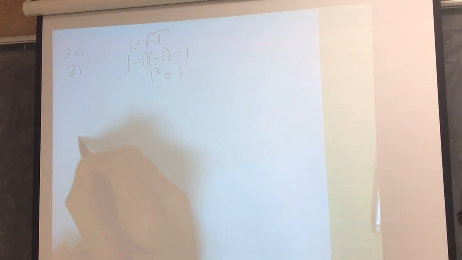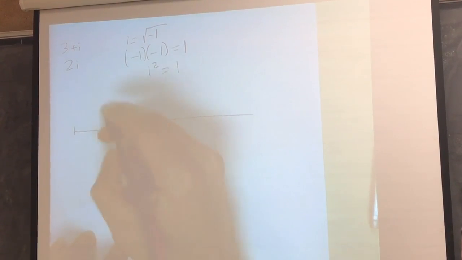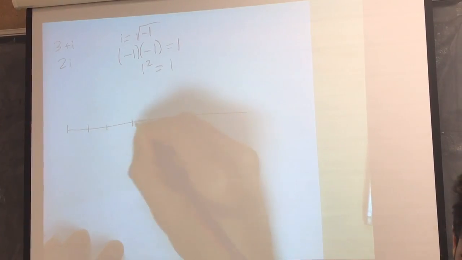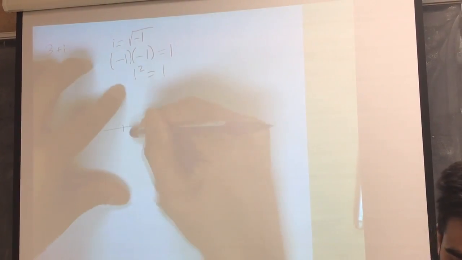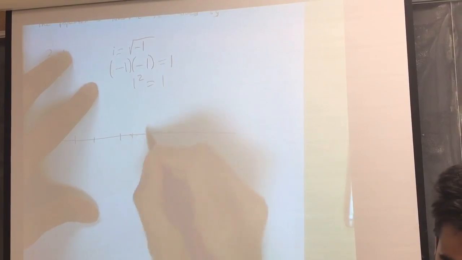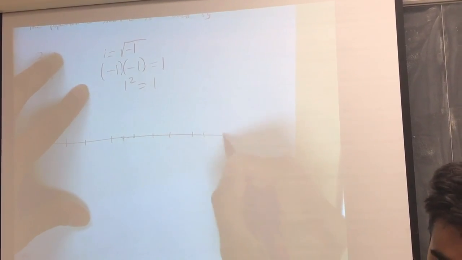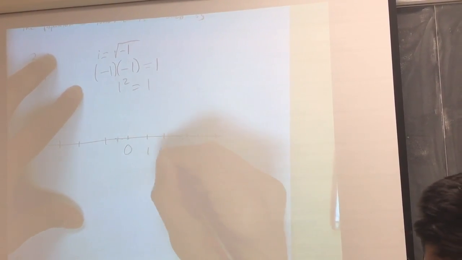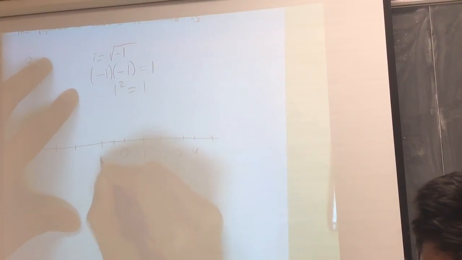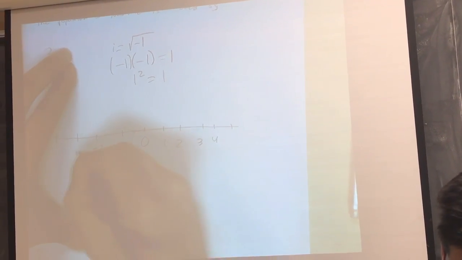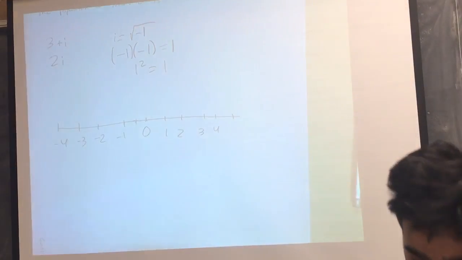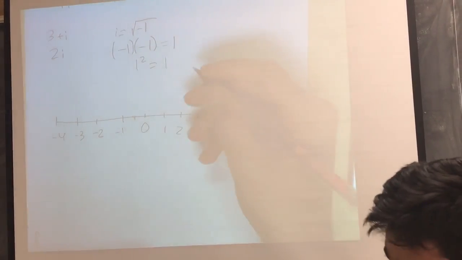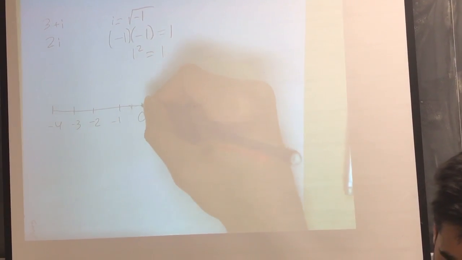Okay, so here's the real number line. You have just a bunch of points on here. And let's say this is 0, 1, 2, 3, 4, all the numbers we know, negatives. So if you were to map out the complex plane, it would look like this.